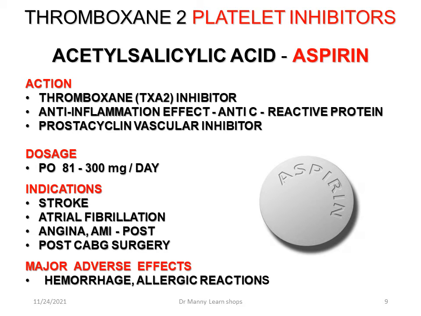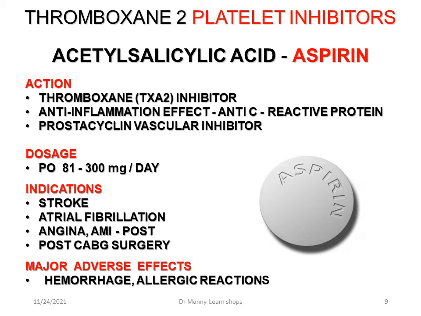Now, when we look at thromboxane 2 platelet inhibitors, the most common one is acetylsalicylic acid, or aspirin. And the action is to inhibit thromboxane. It also has an anti-inflammatory effect through its anti-C-reactive protein. It's also a prostacyclin vascular inhibitor. It can stop pain.